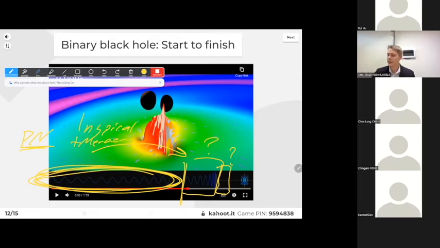And in here, this is the so-called ring down. I'm not sure if people can see this, but this part is basically black hole perturbation theory. So you can have a black hole and you add a small perturbation to it. And what you find is that there are these quasi-normal modes.